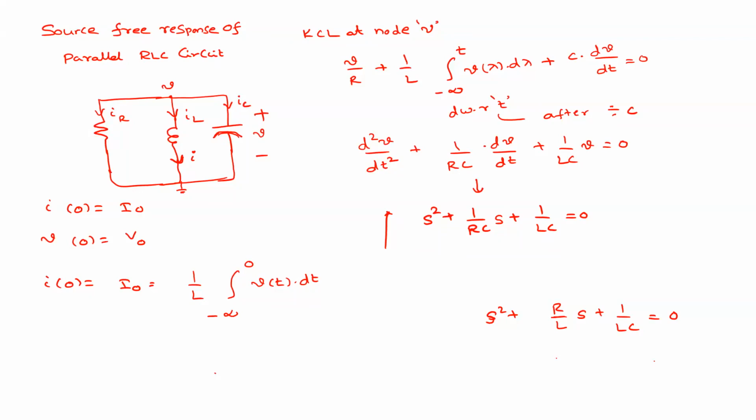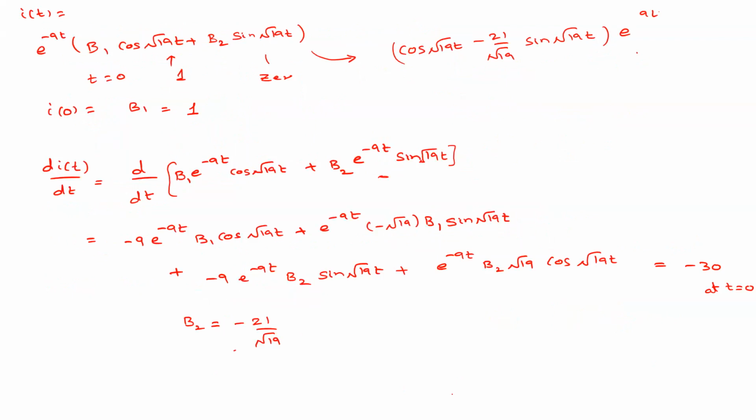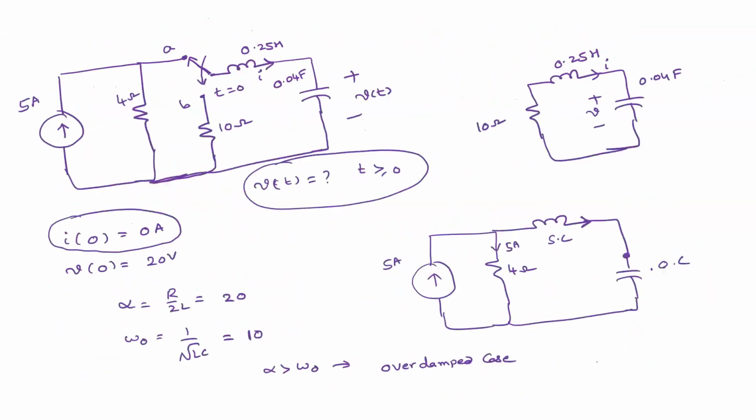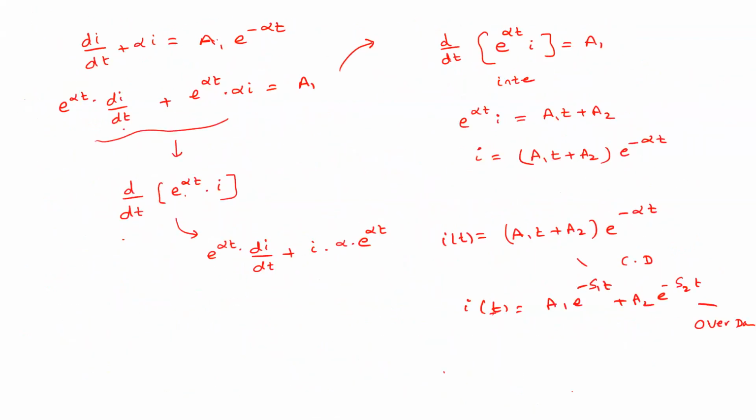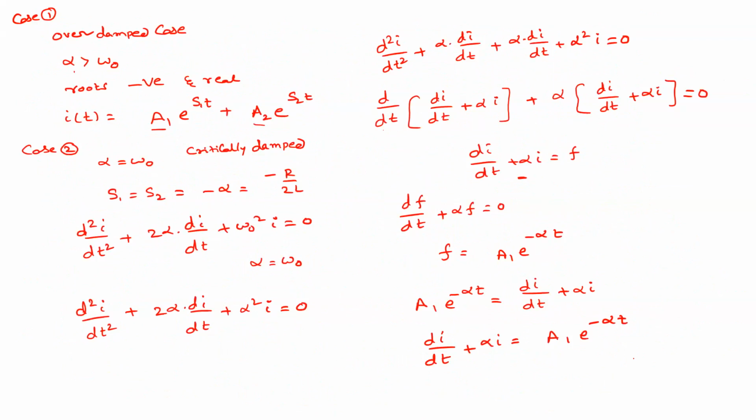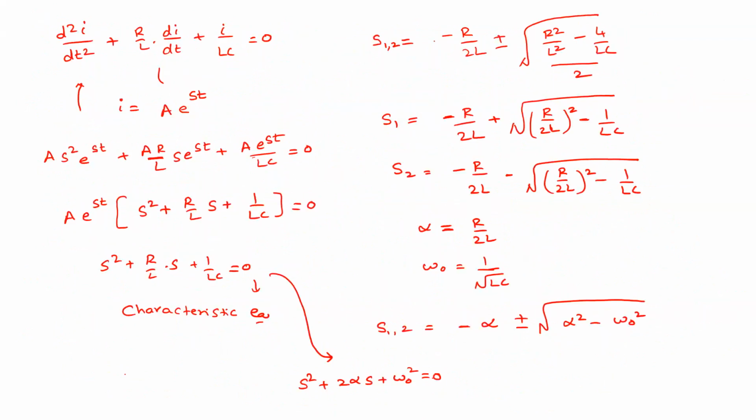Right. So how have we written this one? What we had to do is assume that the solution is A into e to the power st, right? So substitute. We have done this, right? I hope you remember. This is the step, and this is the equation we obtained.